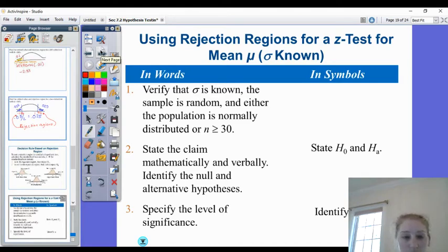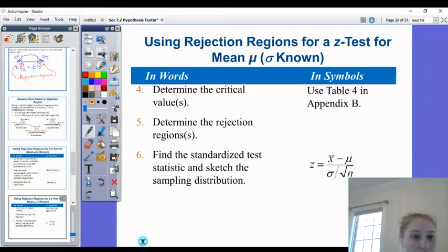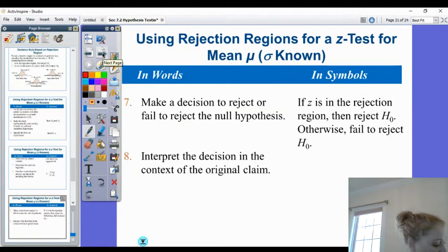So the first thing you're going to do is make sure that you know your population standard deviation, the sample is random, and the population is normally distributed, or we have a sample size of greater than or equal to 30. State your claim, and then turn that into your H0 and HA. Specify your significance level. Then determine your critical value.